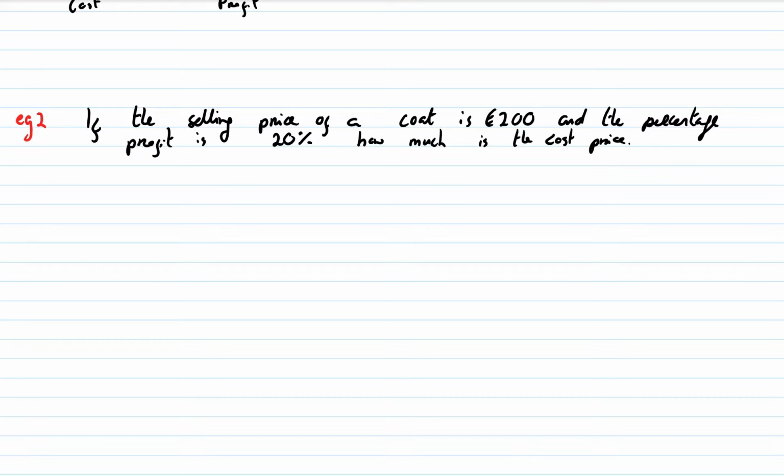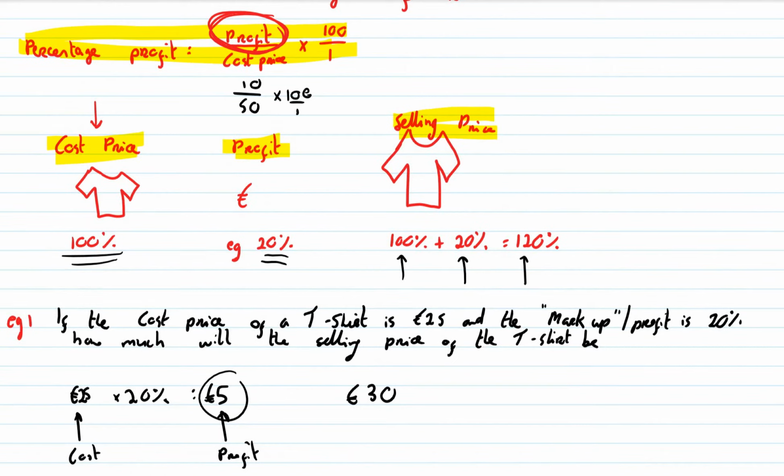However, if we're working the other way, working back, so if we are given the selling price and asked to find the cost price, let's look back here. The selling price is not 100%. The selling price is the 100% plus whatever the profit is.